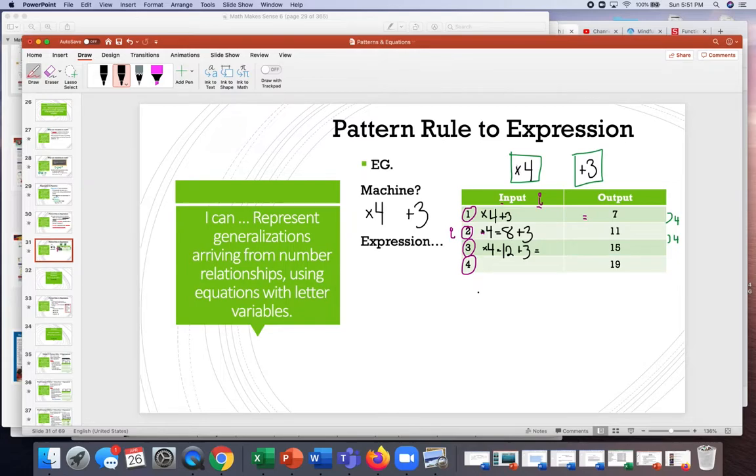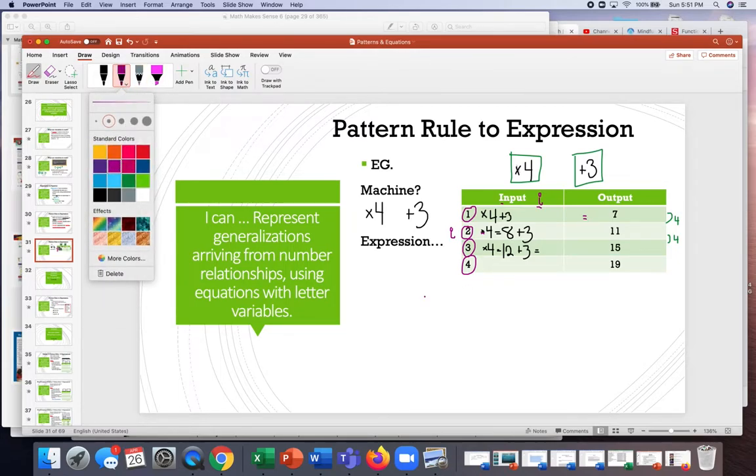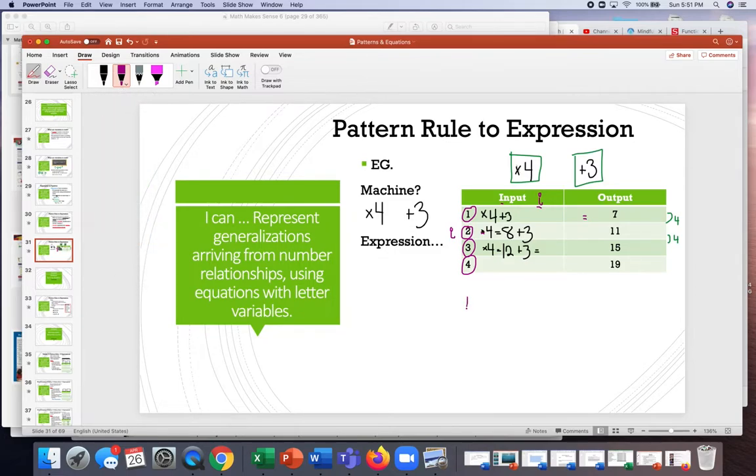Now, this is the thing. If I was to continue this pattern rule and say that I had I all the way down here, and maybe my I was, I don't know, 30, for example. If my input was 30, what would my output be? Well, we're just going to continue doing the same thing.